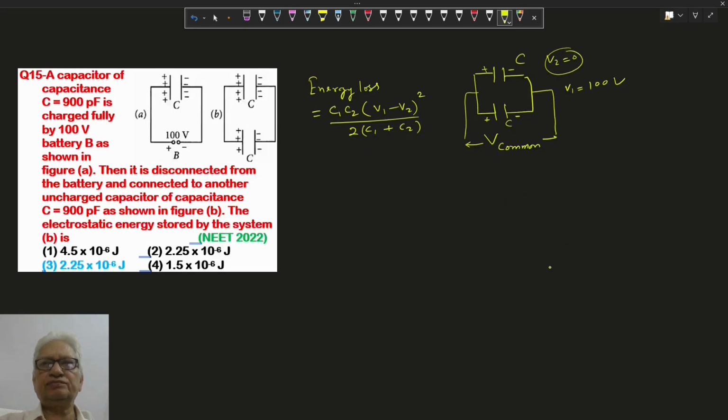In this question, one capacitor is connected after charging with another uncharged capacitor. So here the energy loss formula is C1 C2 times (V1 minus V2) whole square upon 2 times (C1 plus C2). By the way, C1 and C2 are equal to 9 farad. So C1 C2 are equal, 100 minus V2 uncharged, squared, upon 2 times C1 plus C2.